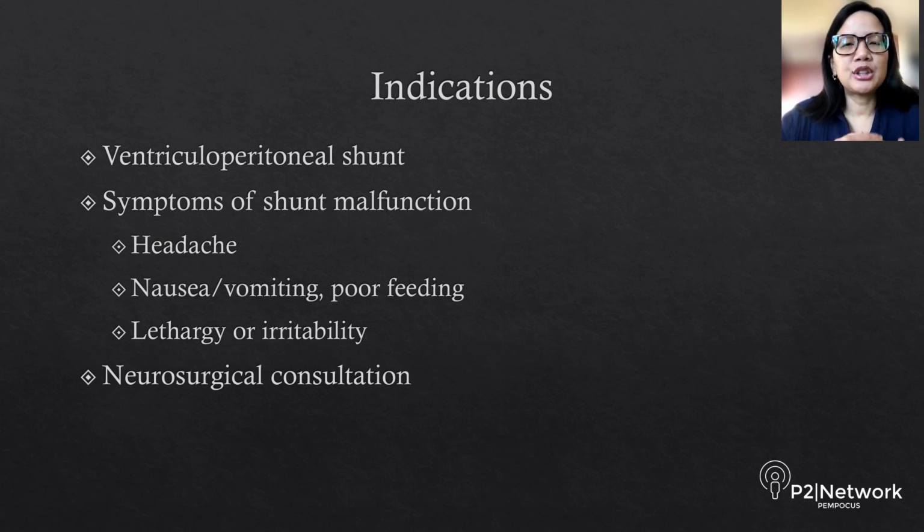Because determining which of these patients actually needs surgical intervention can be a complicated decision, all these patients are going to need neurosurgery involved in their evaluation in the ED. Just a reminder, ocular point-of-care ultrasound should not be performed when there's any concern for globe rupture. This is a contraindication.